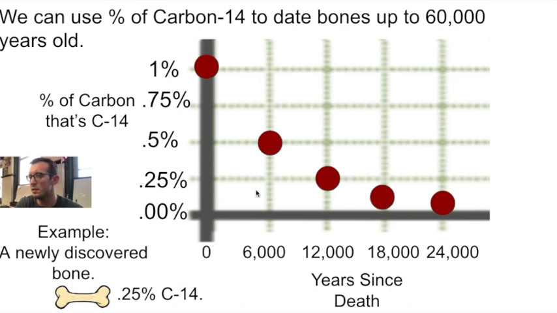What you can do is work backwards and say, all right, well, we know that they started while the organism was still alive at a carbon-14 percentage of 1%. But over 6,000 years, half of the carbon-14 decayed to 0.5%. And by the time that it had decayed to 0.25%, it must have taken 12,000 years for that to occur.